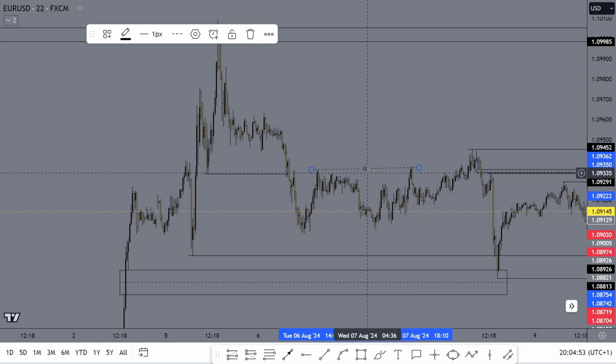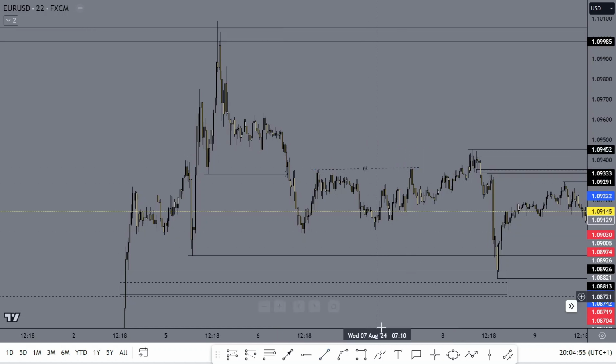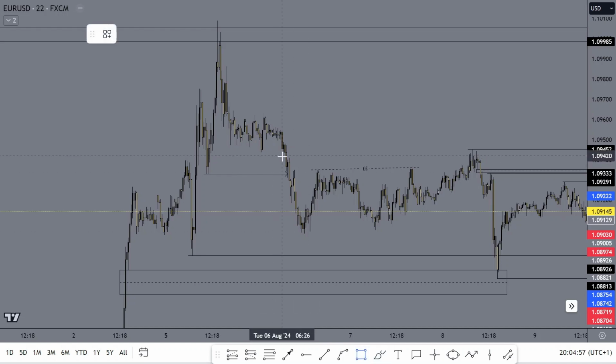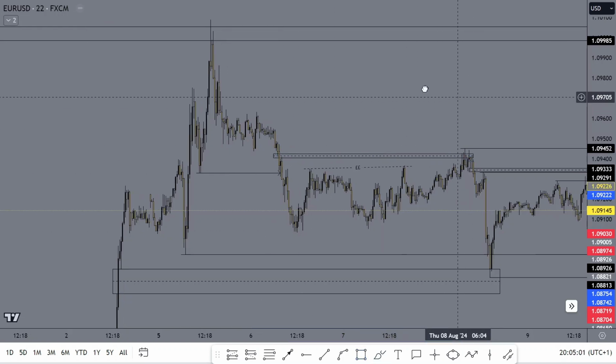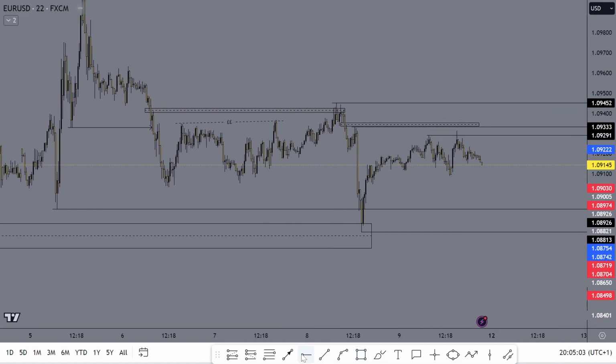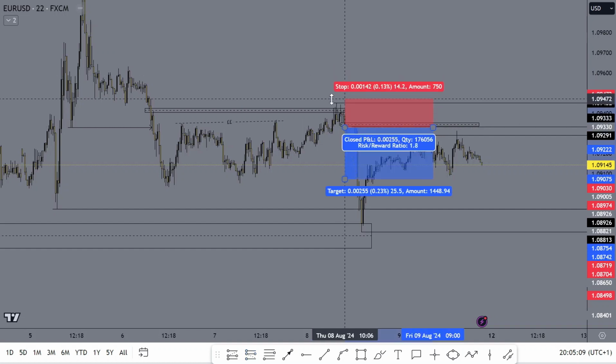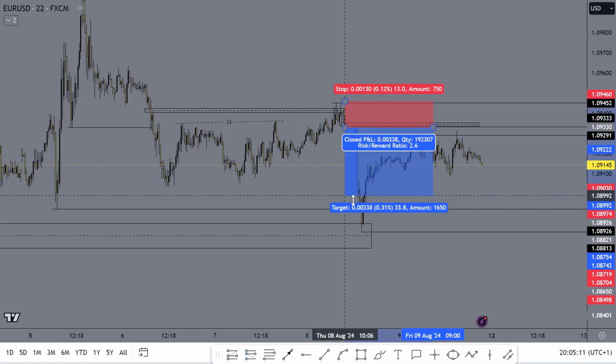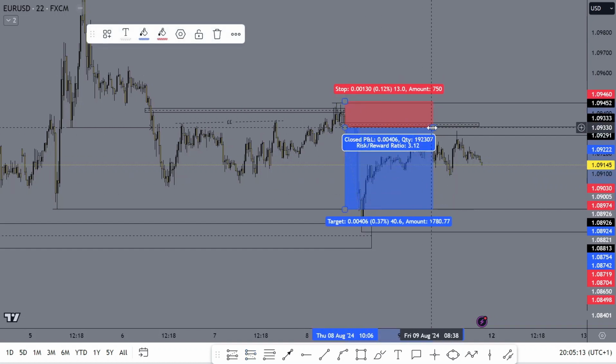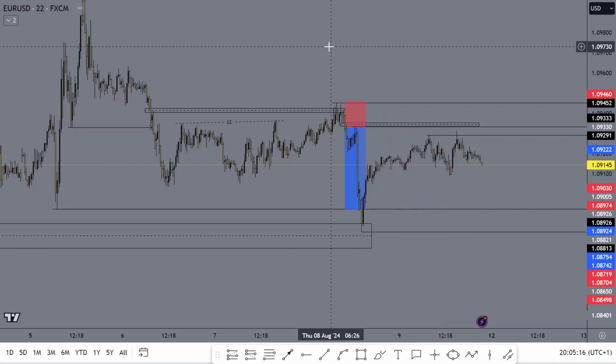So then I looked for the imbalance above that. And this was my trade, or one of my trades from last week. Aiming for that low, a 3R.